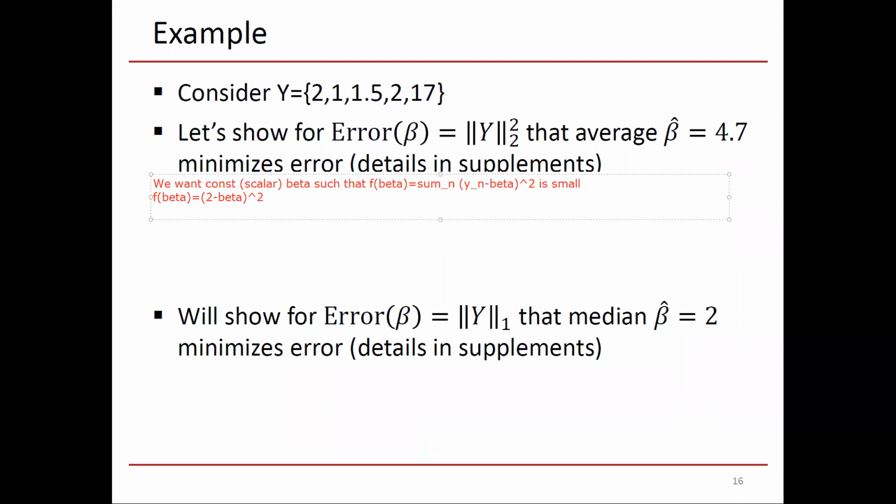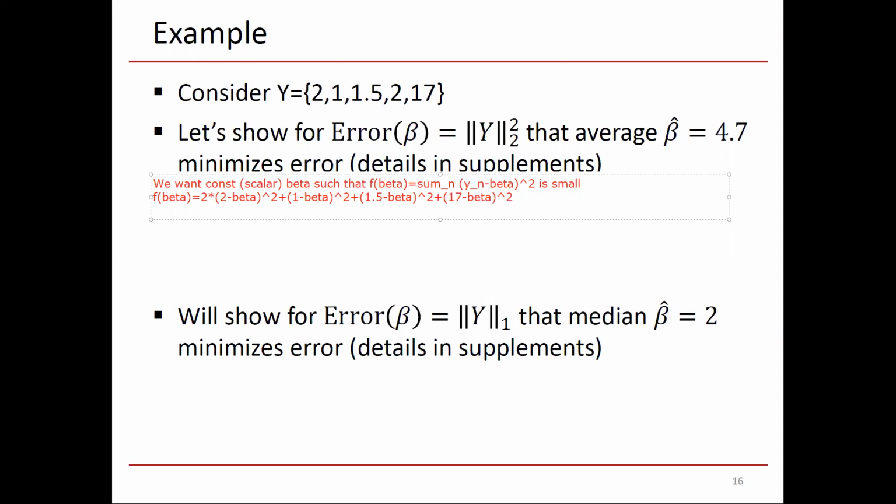And then the next sample is 1, plus (1 minus beta) squared. The next one is 1.5, (1.5 minus beta) squared. The next one is 2, so let's just multiply the previous (2 minus beta) squared by 2. And the final one is 17, so (17 minus beta) squared.